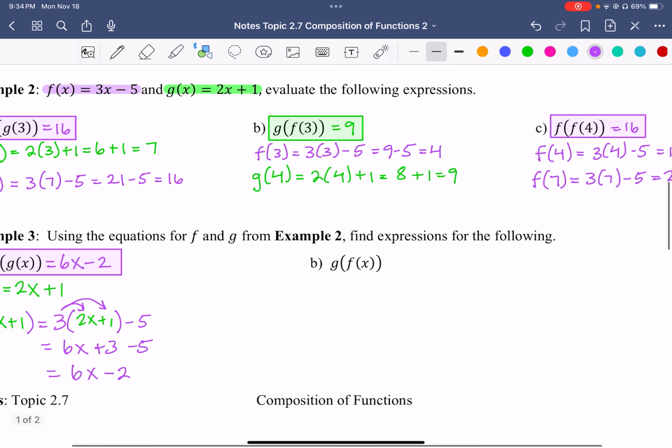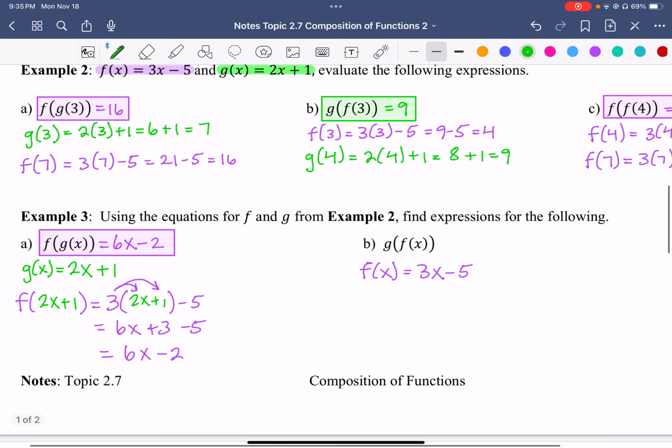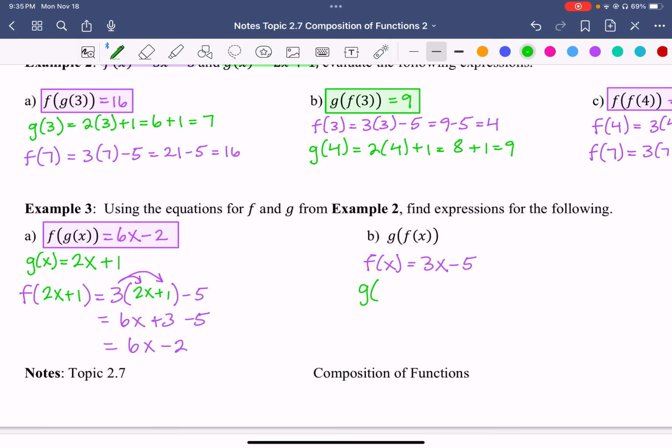Okay, let's do another one, g of f of x. Okay, the function inside is f of x, and f of x is 3x minus 5. They want me to plug that into g of x, so it'll be g of 3x minus 5.